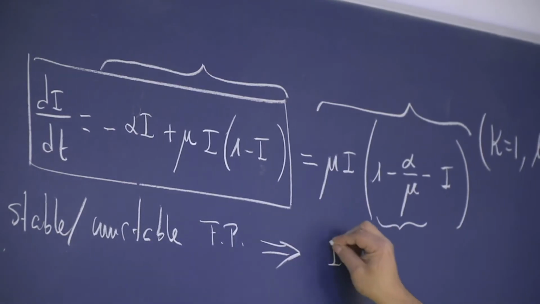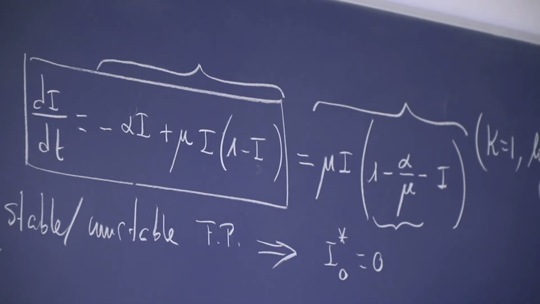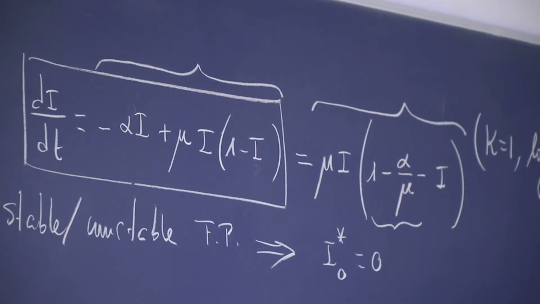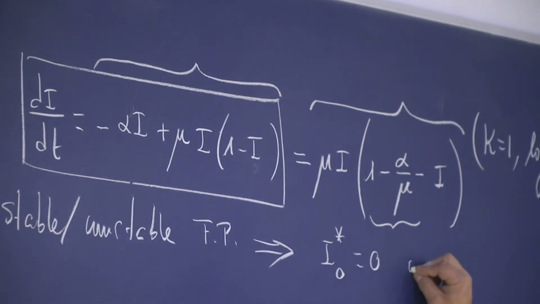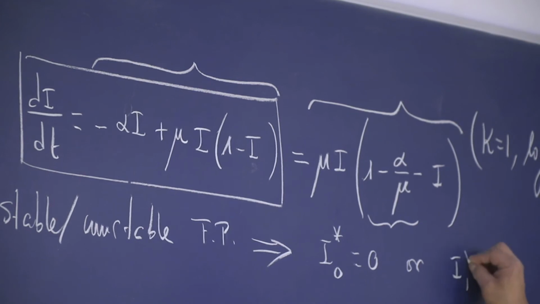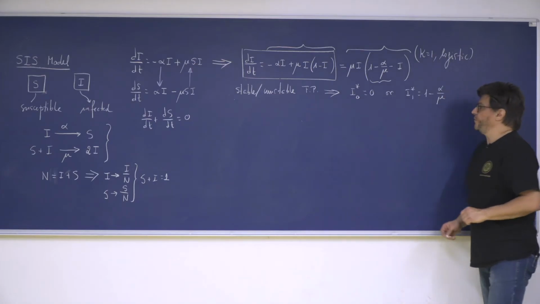Either the population is 0, no infection, so that means the infection or the pandemic is over. There's no infection, right? Or this here is 0, which automatically gives us another fixed point.